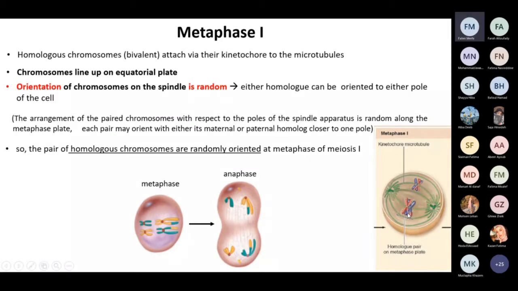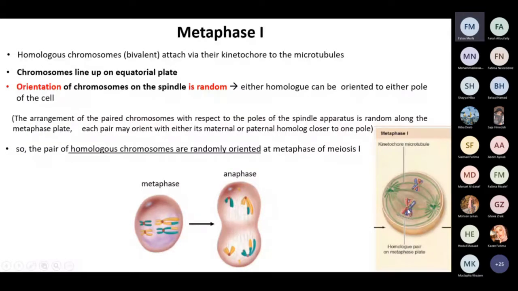Okay, so how will they bind to the microtubule spindle? Does all the, let's say, paternal chromosomes face the lower pole of the cell and all the maternal chromosomes face the upper pole, or the inverse, or how will they do? In fact, their orientation on the microtubule spindle is random. So there is no rule.